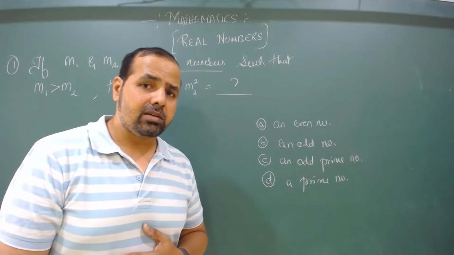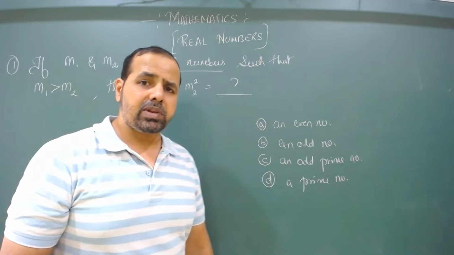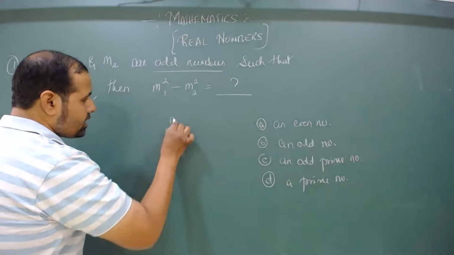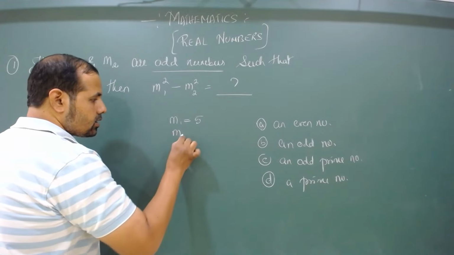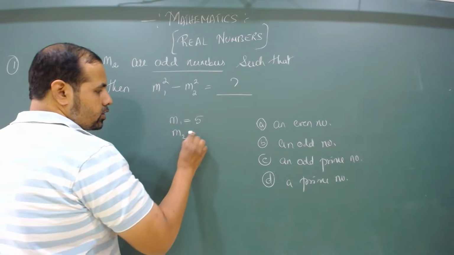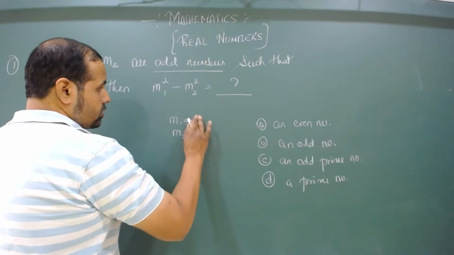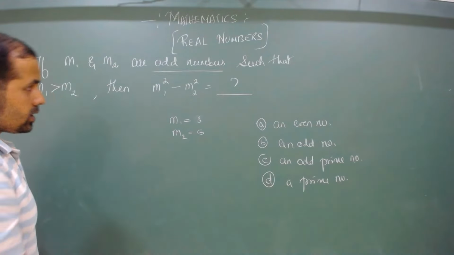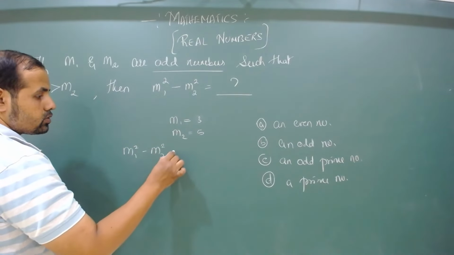Let me take random odd numbers. Always take the simplest example. Don't go for complicated numbers. Let me take M1 to be 5 and M2 to be 3. Now, M1 square minus M2 square.